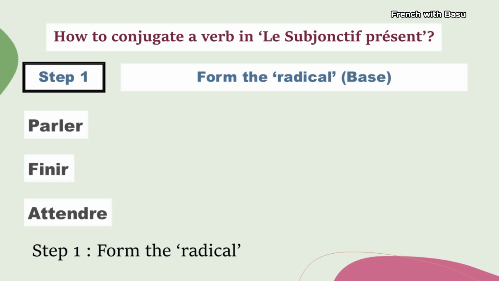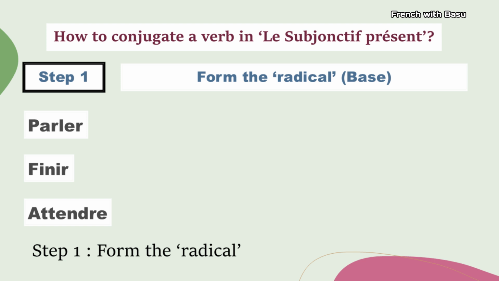Step 1. How to form the radical for le subjonctif présent. Take the third person plural form of présent tense for any verb from any group. Remove the final ent and you get your radical for le subjonctif présent.